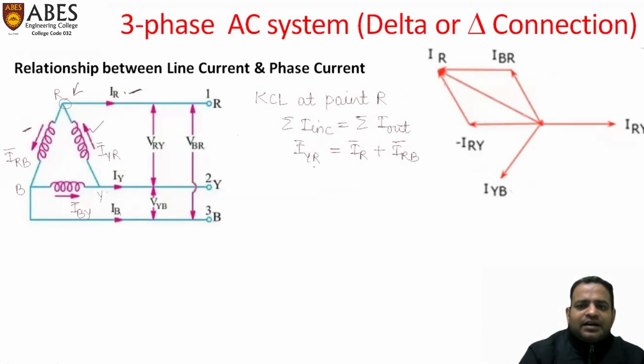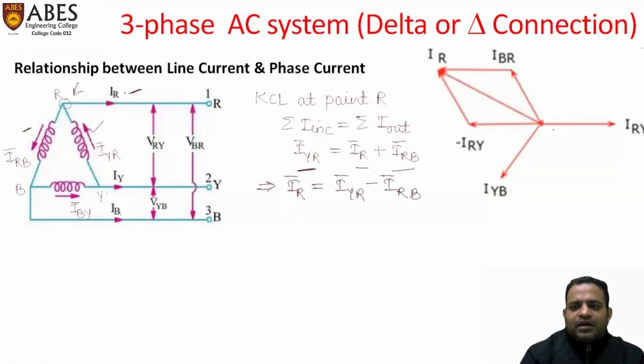So IYR is equal to the outgoing IR and IRB. So we can find the value of IR: IR is equal to IYR minus IRB.